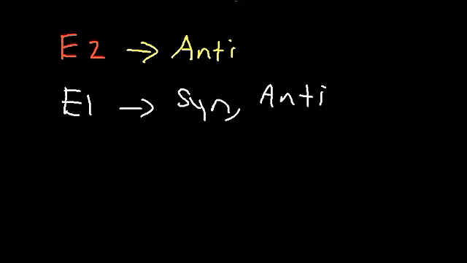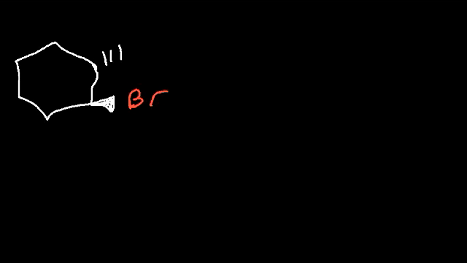So going back to that last example that we had, in an E2 reaction, we can only form the double bond here because this hydrogen is in the front. And so we can't remove it by means of the E2 reaction.